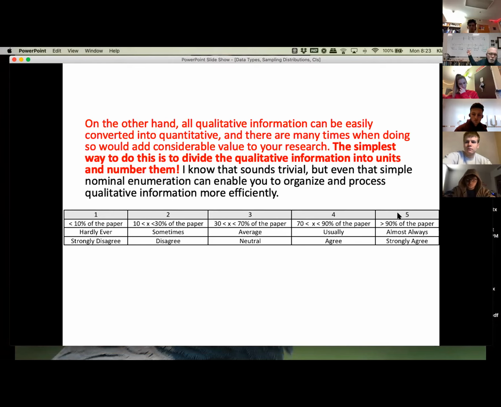And I would argue for most opinion data that people gather in surveys, it's very difficult to make that case, especially when you give one group of people the Likert scale data like this, and you give another set of people the same survey, but give them a sliding scale.